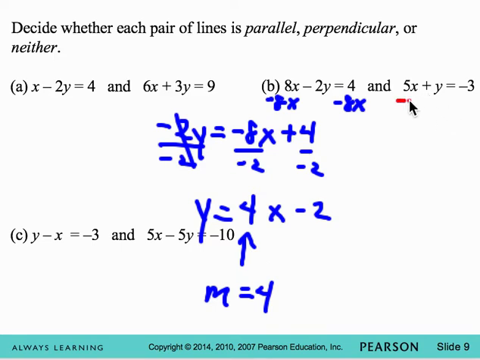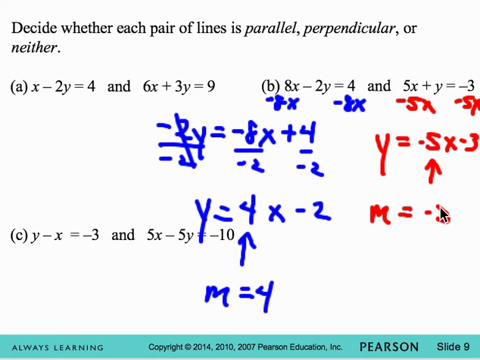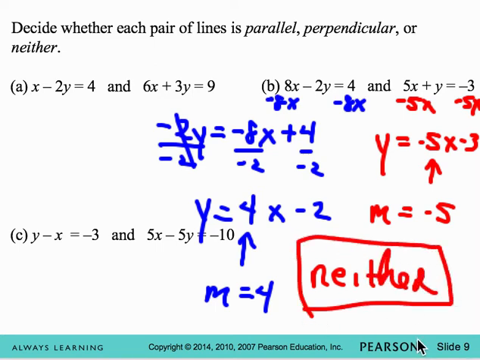Okay, let's subtract 5x from both sides. So y equals -5x minus 3. It's solved for y. So the slope of this line is -5. Oh, well, those aren't reciprocals and they're not the same. Those lines are neither parallel nor perpendicular.